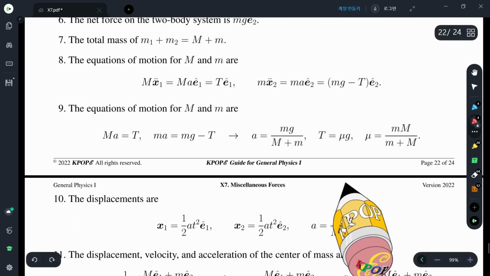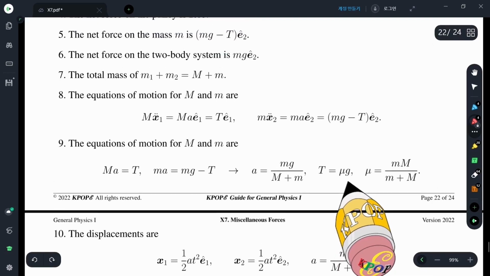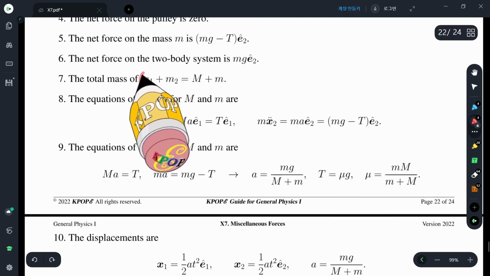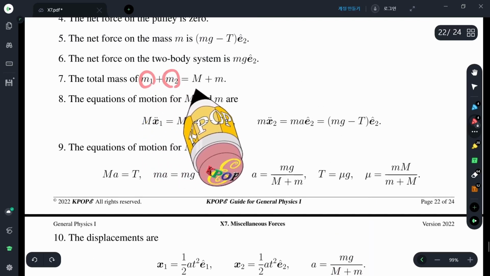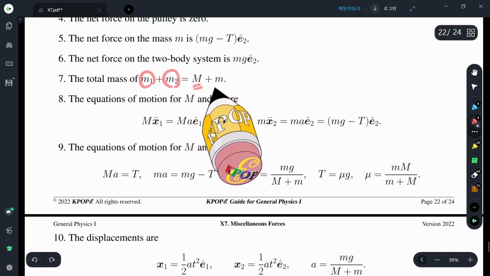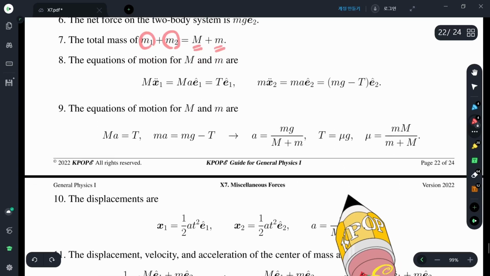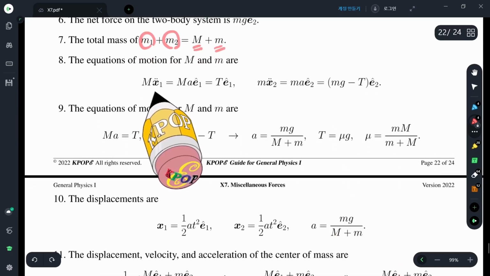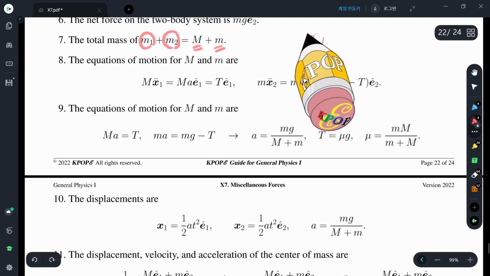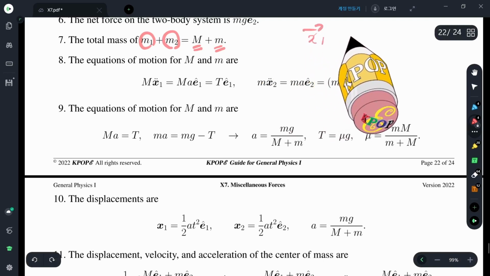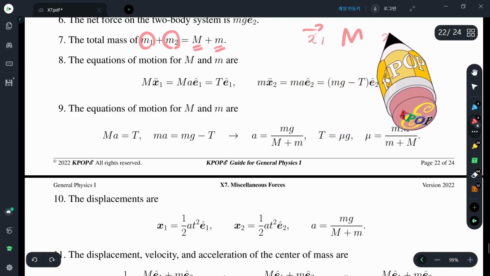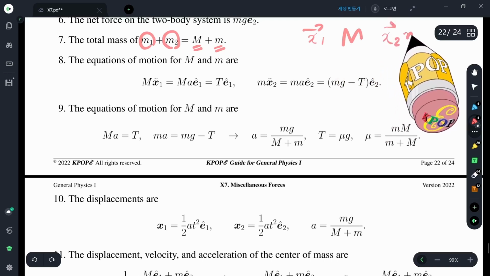But here we have another point to consider: the system of particles. The system is composed of two masses. In this problem, M1 is capital M, the other is a small m. Let me use position vector x1 for the capital M and position vector x2 for small m.